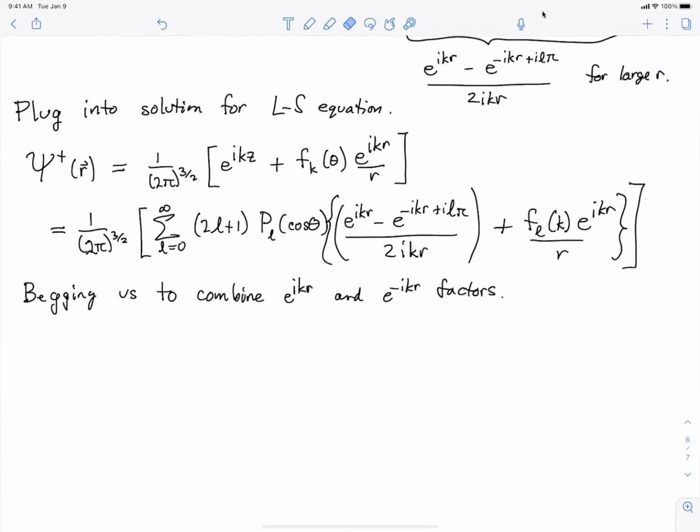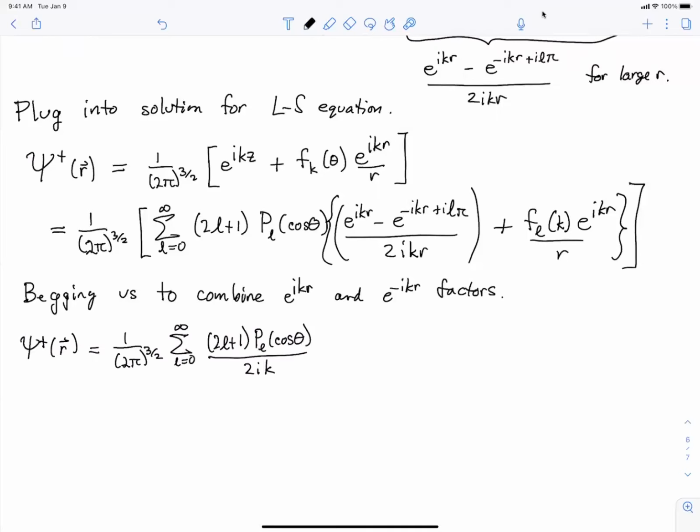So our scattering wave function, we have our common factor of 1 over (2 pi) to the 3 halves, a sum over l, all possible l's, common factor of 2l plus 1, Legendre polynomial. I might as well put here the 2ik factor. That's not a function of r. And now in parentheses, I'm going to put the factors of r grouped together.